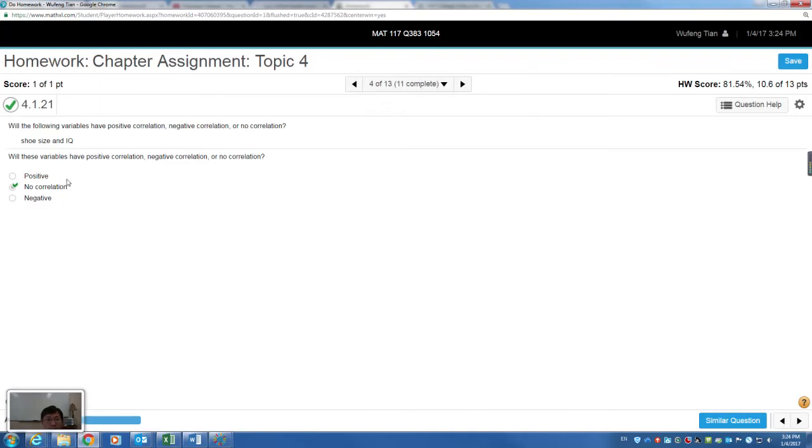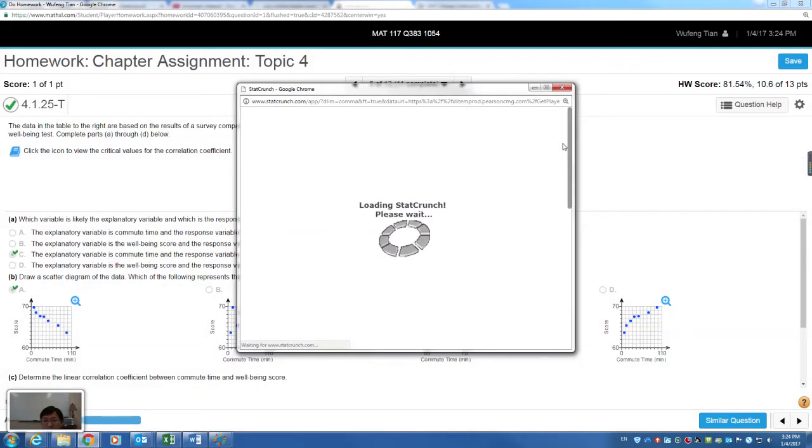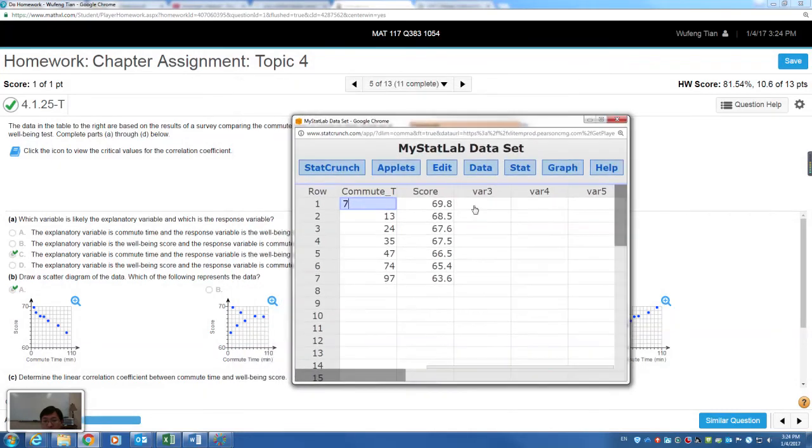Okay, so next question. Shoe size and IQ: not correlated, no relationship. Next one, the commute time in minutes and a well-being score. What you can do is open this, just click here, open StatCrunch, and then you have the data here.